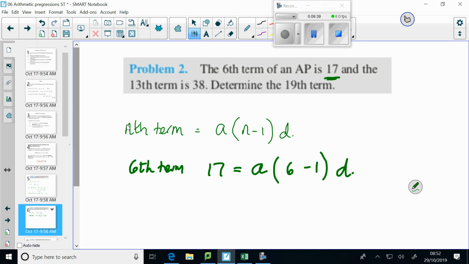And 13th term, we know that 38, the value of the term, is A plus 13 minus 1. That's A plus, isn't it? Sorry. That's neat, isn't it?